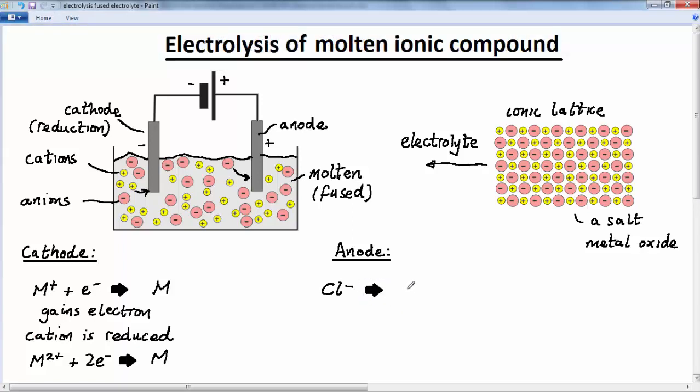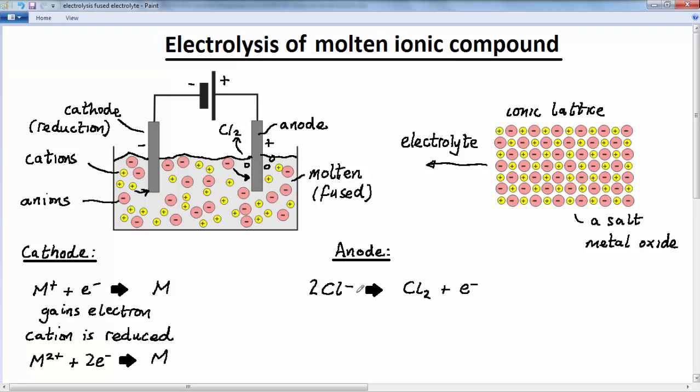We say that the Cl- becomes Cl + e-, and you say, well, chlorine doesn't exist like that in the atmosphere, so we've got to put a 2 there because it is a diatomic molecule. So you're going to get the gas chlorine liberated here at this anode. That's going to be Cl2, but that means we need to balance this half equation. So we've got a 2 there, we're going to need to put a 2 there.